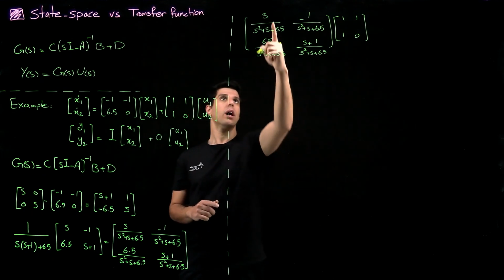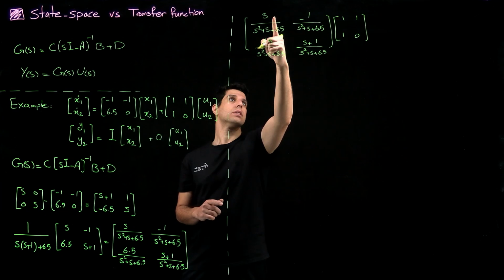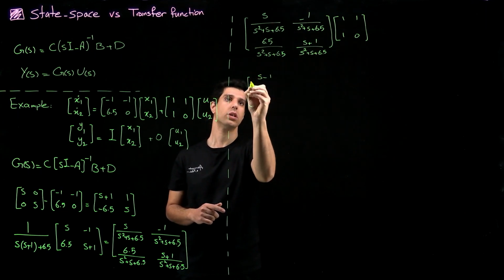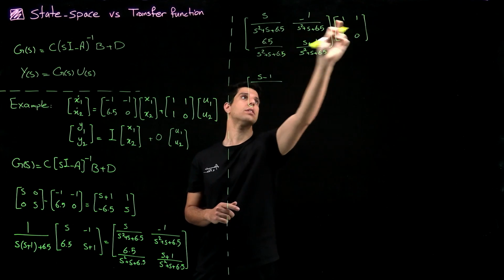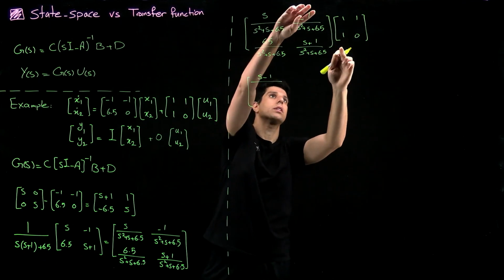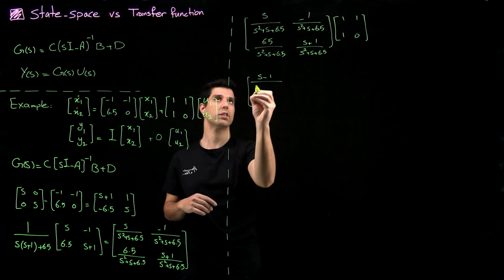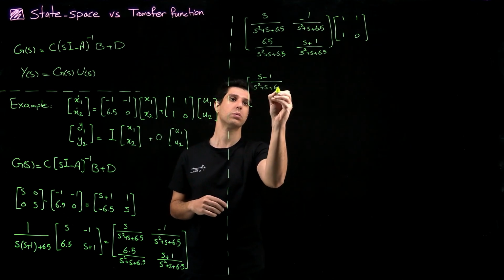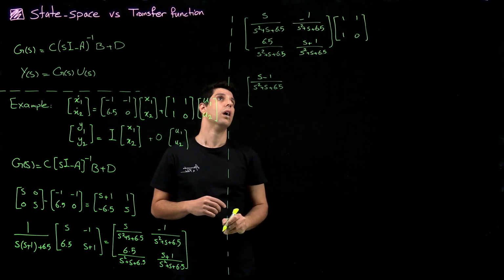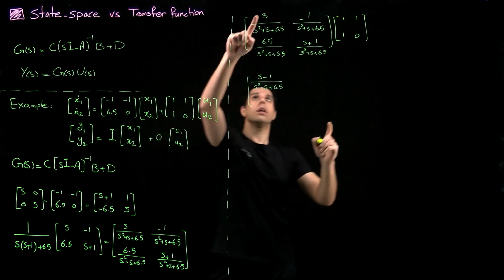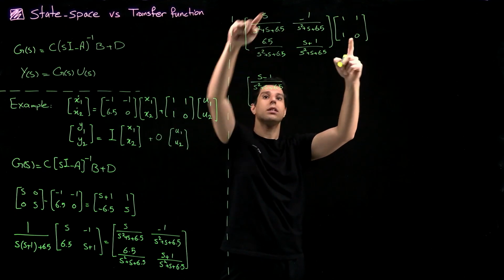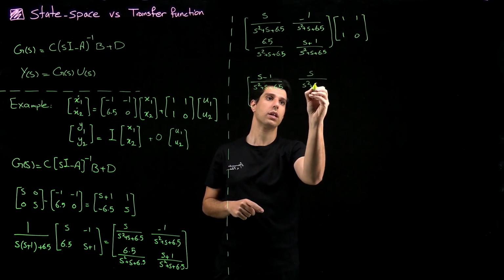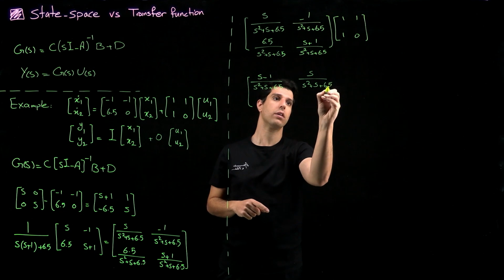and what I have is S minus 1, S minus 1. So S this plus that. I'll have S minus 1 over S squared plus S plus 6.5. And then this times that, so I'll have S over S squared plus S plus 6.5.